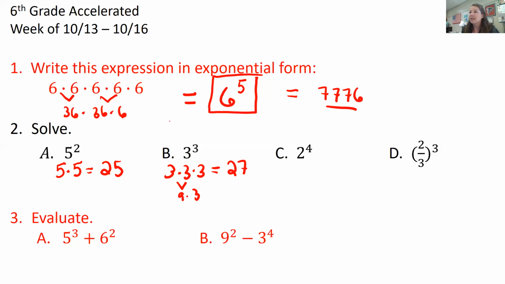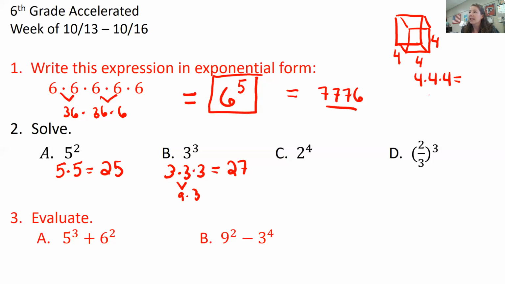3 cubed. And there was another type of problem. I'm going to go ahead and do it over here. So let's say I have a cube, right? Say I have a cube, and I want to find the volume of it. Well, how do you find the volume of a cube? Well, you would multiply the length times the width times the height. Well, the characteristics that would make it a cube is that all the sides are equal. So if the height is 4 and the width is 4 and the length is 4, you're going to multiply 4 times 4 times 4.